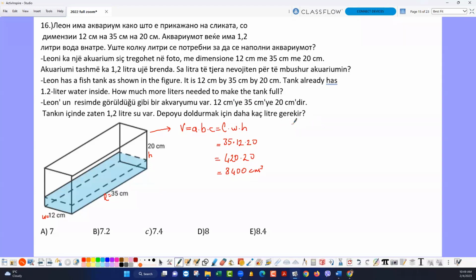You learned that 1 liter is equal to 1,000 centimeters cubed, so 8,400 centimeters cubed divided by 1,000 is equal to 8.4 liters. So 8.4 minus 1.2, because it is already added, is equal to 7.2 liters we should add to the tank to fill it.